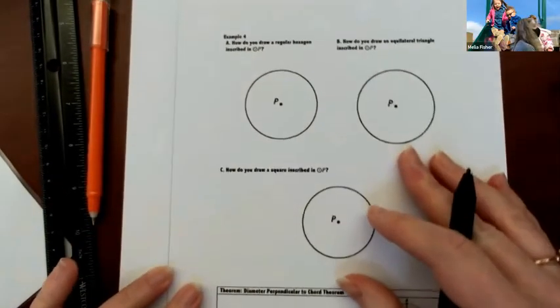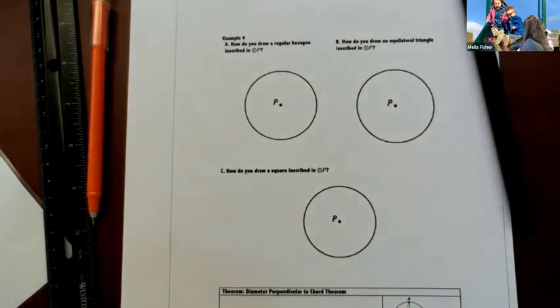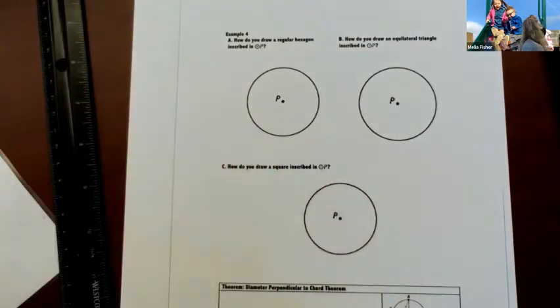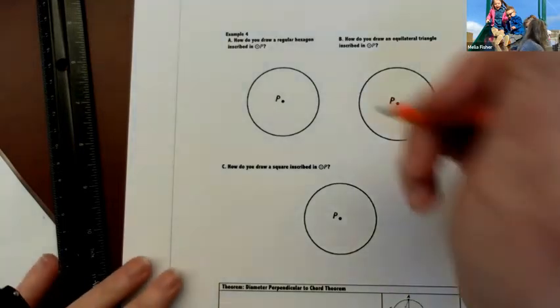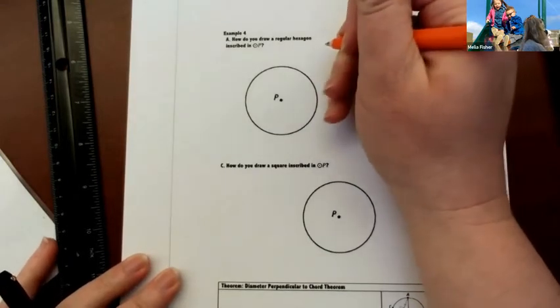Okay, this is where we are going to switch to using our compass and straight edge. And in the completed notes, I'm going to go ahead and give you guys some step-by-step written instructions on how to do this. So if you need to know again later, you can go back and look at that if you want. For now, we're just going to work through this.